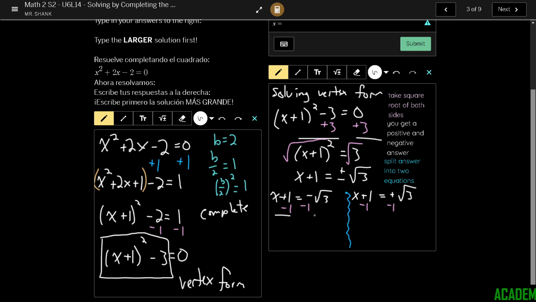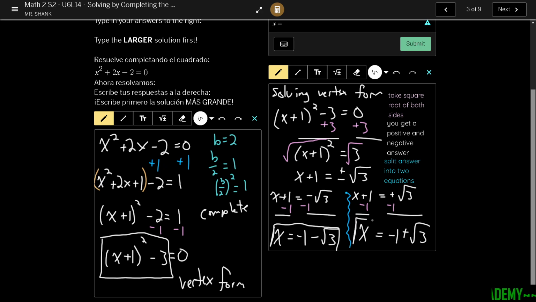That means we have to keep it separate from those other terms. So I'm going to say x equals, because the ones cancel out, negative 1 minus square root of 3. That's going to be one answer. And x equals negative 1 plus square root of 3. So there's my two answers.